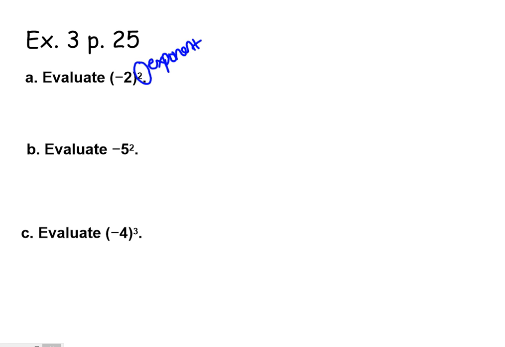So here we have negative 2, and it wants us to multiply negative 2 2 times. So it's negative 2 times negative 2. I prefer to put parentheses around it to separate my signs. Well, I know 2 times 2 equals 4, and since they have the same sign, they're both negative, my answer is positive 4.